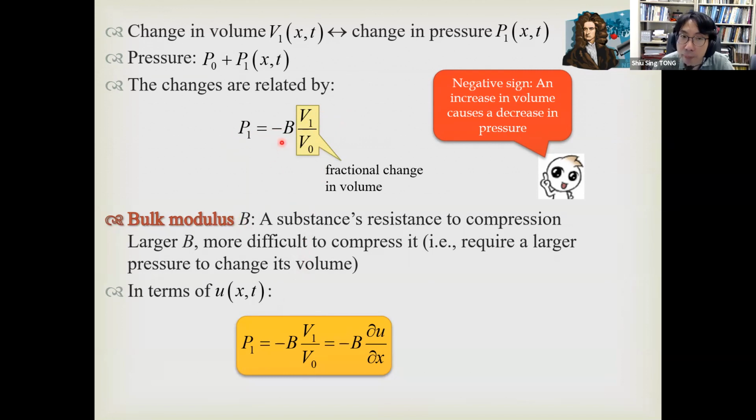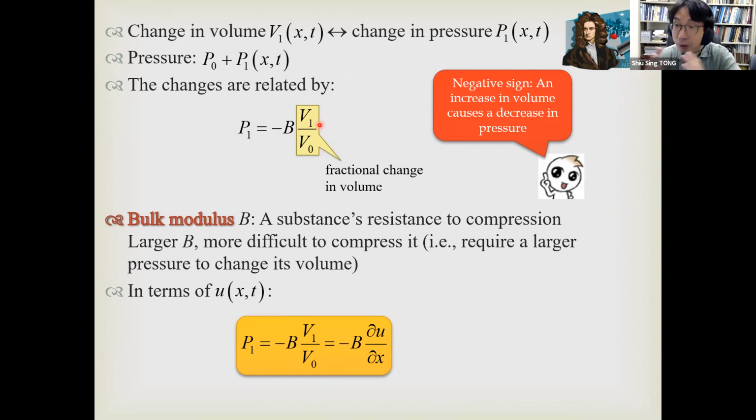Now, what is the meaning of that bulk modulus? The bulk modulus is somehow the resistance to compression. Imagine now B is very large. B takes on a very large value. That means a small change in volume will give you a large pressure change, and that means the object is very difficult to compress. You need a large pressure to make its volume change by a little bit.